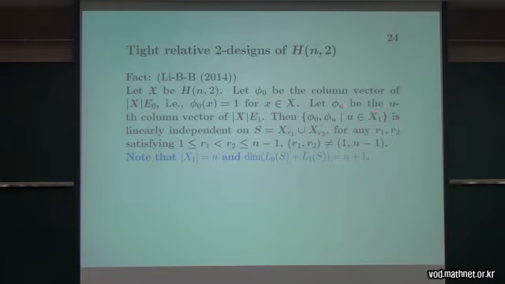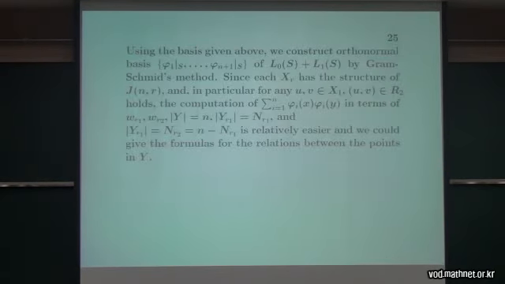Then this set is a linearly independent set on these two shells for any R1, R2 satisfying this one. And using this basis, we construct the orthonormal basis by Gram-Schmidt's method.